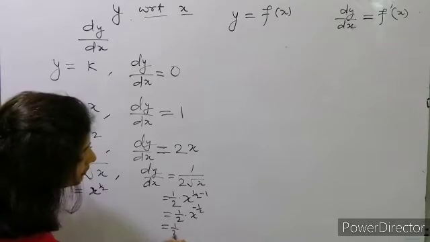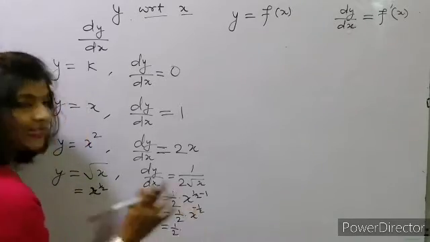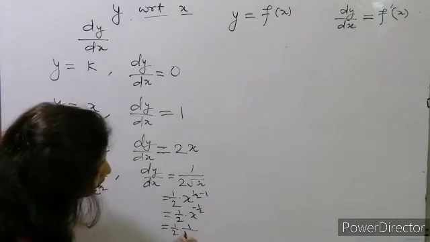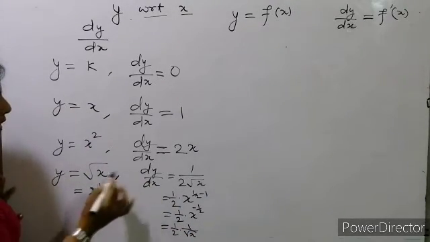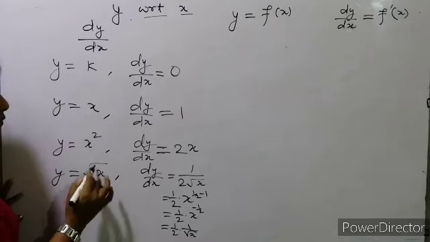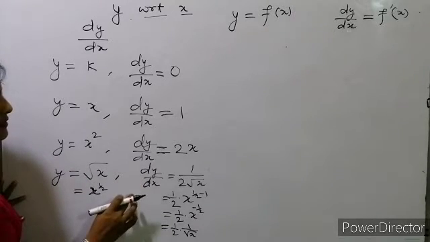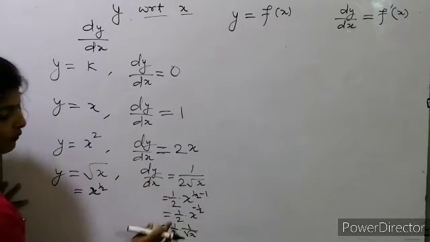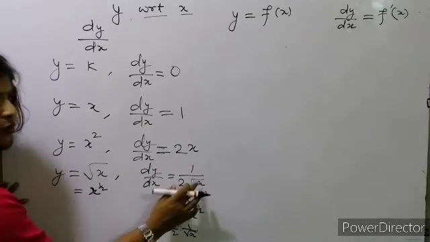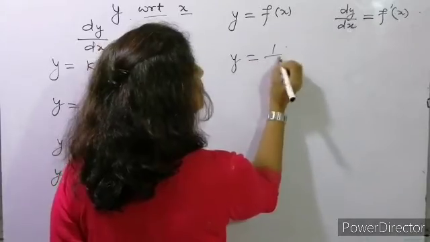So it will be 1 upon 2 into 1 upon root under x, मतलब it will be 1 upon 2 root under x. ठीक है, so that's why when y is equal to square root of x, the derivative of y with respect to x will be equal to 1 upon 2 root under x.